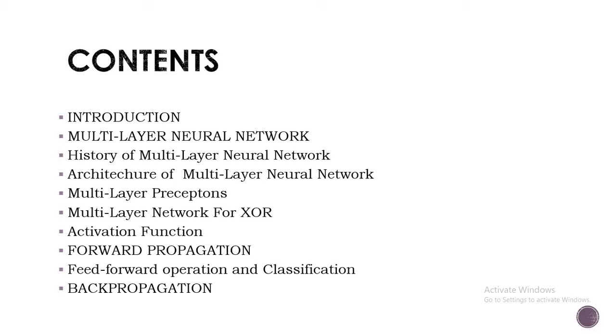Before going to this presentation, we can see what all are the contents in this presentation. First, there is an introductory part, then what is multi-layer neural network, and the rest of all topics come under multi-layer neural network.